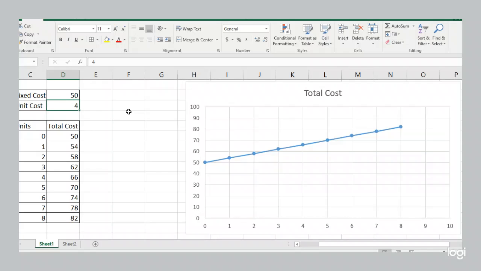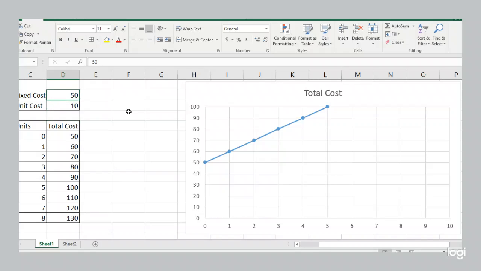Okay? Now, if I increase that unit cost from 4 to say 10, well, you notice the starting point is the same, but the line is now steeper. Okay, our total cost grows faster because with each additional unit, we're paying an extra 10 rather than an extra 4.